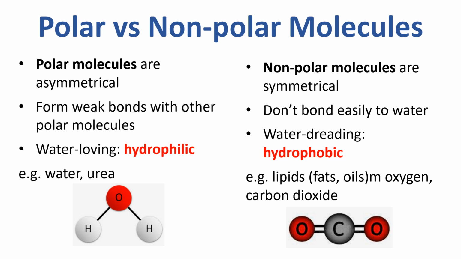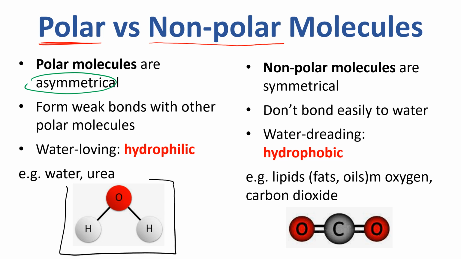So this is the main property that controls whether something can cross the cell membrane or the plasma membrane. It's whether a molecule is polar or non-polar. A little bit more chemistry. So polar molecules, we don't need to learn too much chemistry, but they're polar because they're asymmetrical. So this is a water molecule down here. You can see the structure of it. Water is H2O, there's two H's and an O, and the shape of that water molecule is not symmetrical.